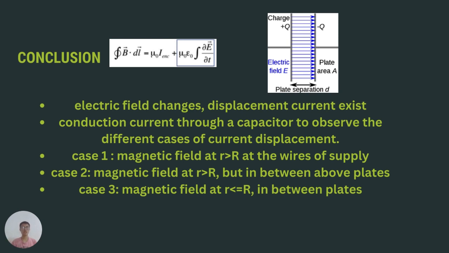Because the surrounding of the wire has the electric field equal to zero, the displacement current is equal to zero. Plugging into the Maxwell equation, the first term will be left, but the displacement current will be zero.